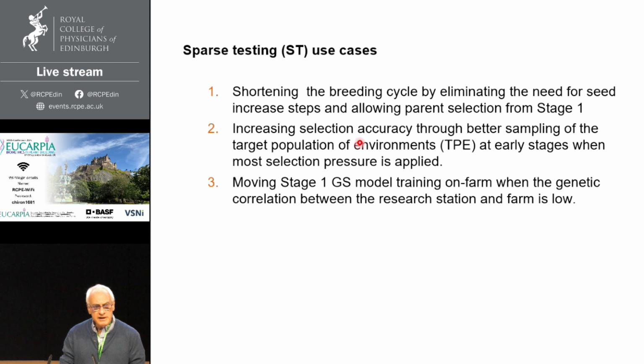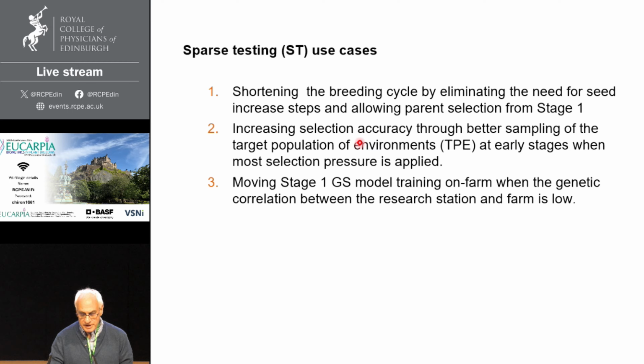And then finally, I'd like to consider a use case where we're dealing with systems, particularly in sub-Saharan Africa, where conditions on the research station are really different from conditions on farms. Farmers are very resource constrained and manage differently than the environments in which their varieties are selected.